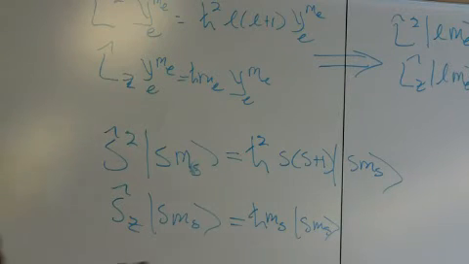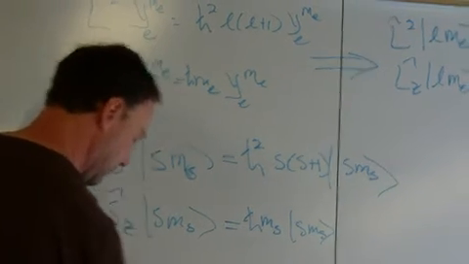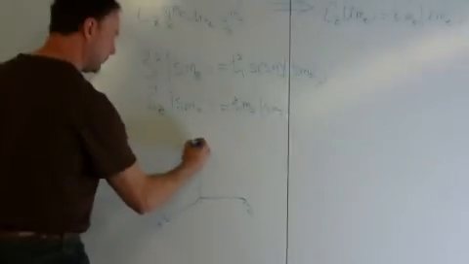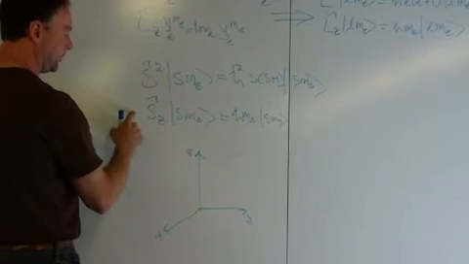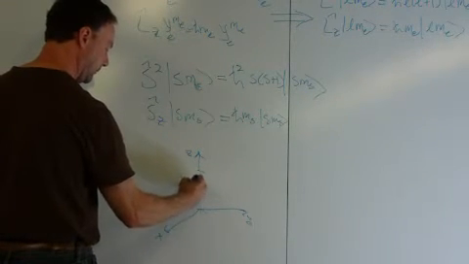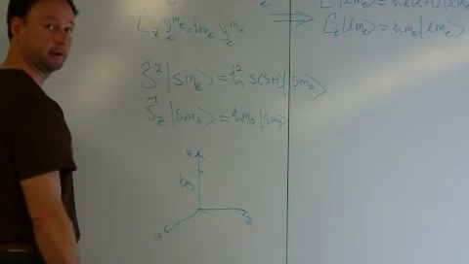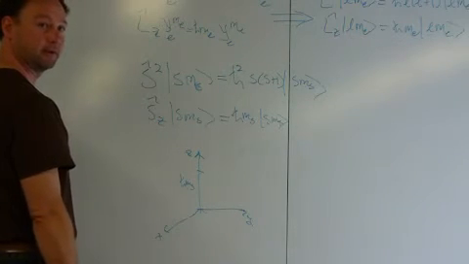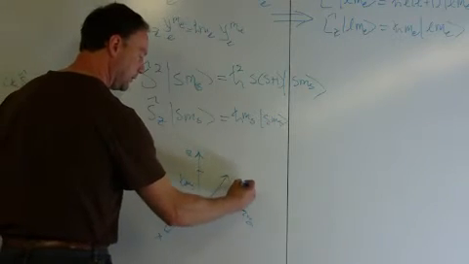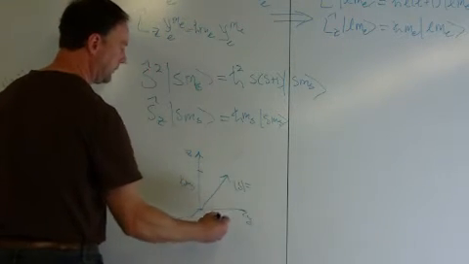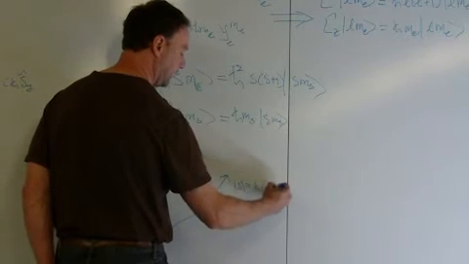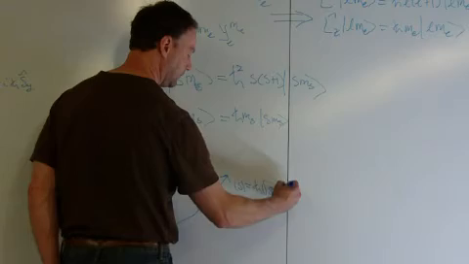So let's draw our picture. What does spin look like? Here's X, Y, and Z. What do I know the Z component always is? It's h bar MS, right there. And therefore, where is S? S is some vector out like this. The magnitude of S equals h bar, the square root of S times S plus 1.